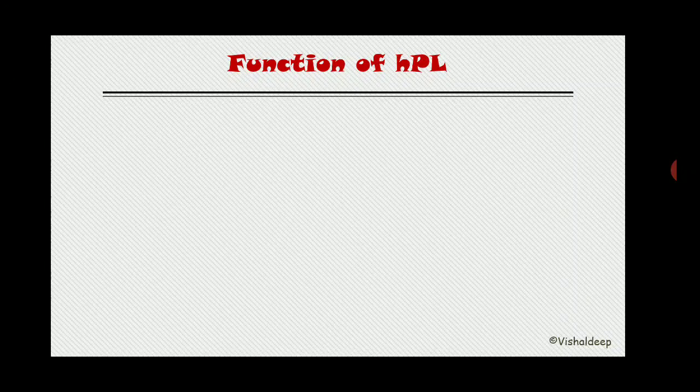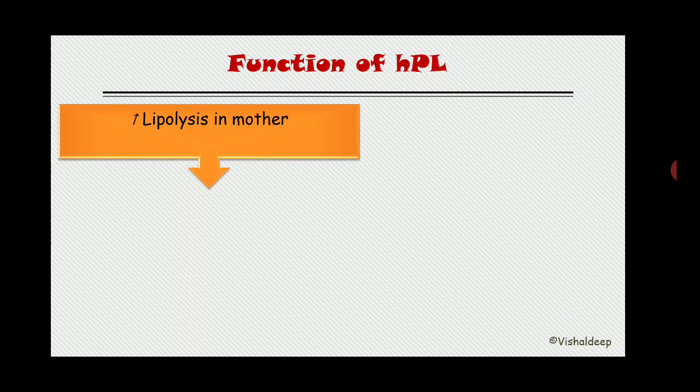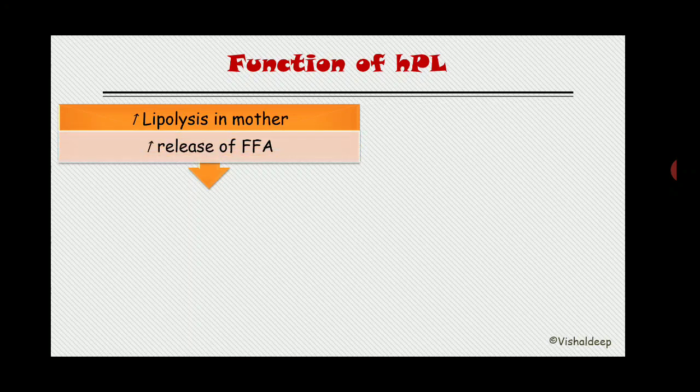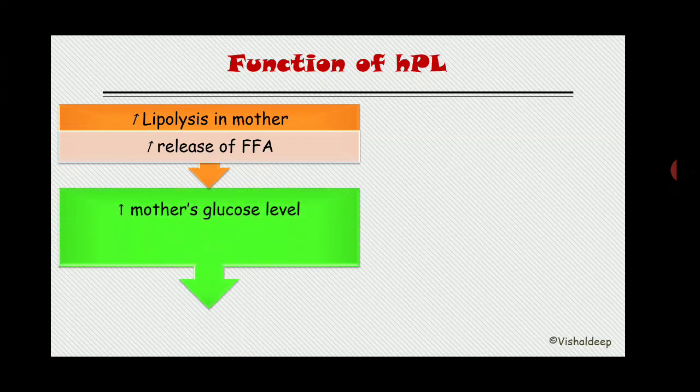Got it? So what does the HPL do? HPL causes increased lipolysis in the mother. By doing this lipolysis, it increases the free fatty acid inside the maternal circulation. Now this HPL also increases the availability of glucose. It increases the mother's glucose level by doing two things. The first thing is decreasing the insulin sensitivity.